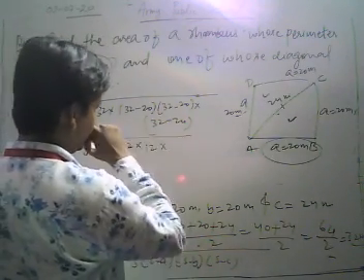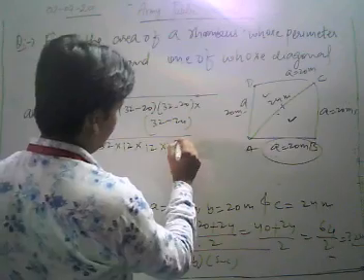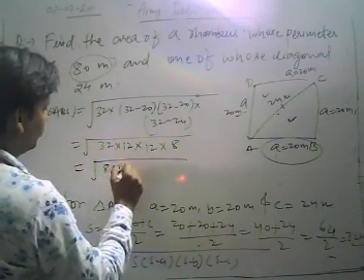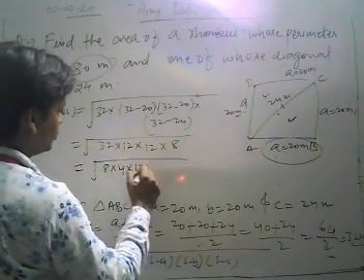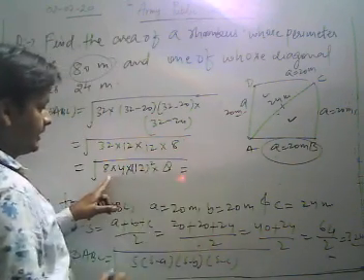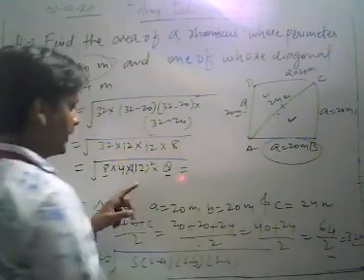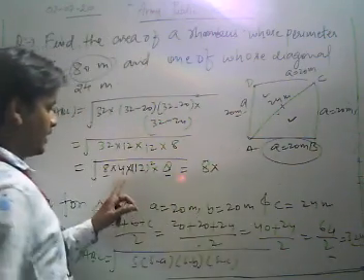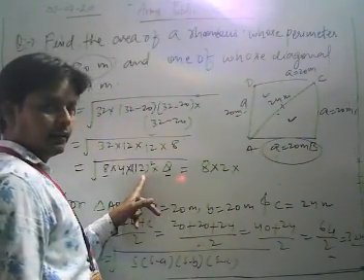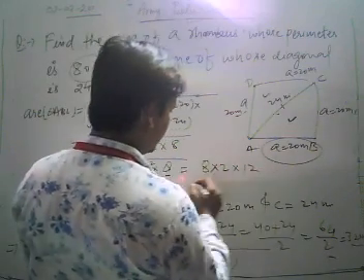So 32 minus 24, that is 8. Now let's see, 32 into 12 into 12 into 8, which is 8 into 4 into 12 square into 8. 8 is in pair, so 8 is common out. The square root of 4 is 2, and 12 is in square, so 12 comes out.